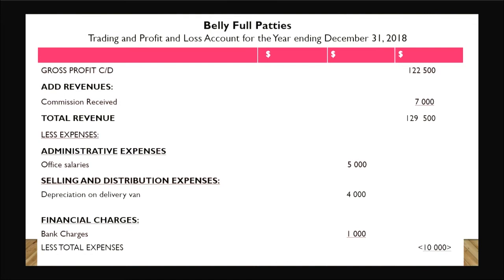The net profit figure here would simply be, how much did you get? It should be $119,500. That's our net profit figure.